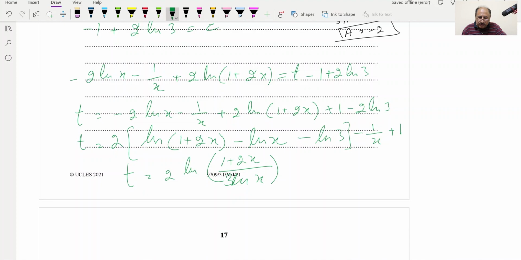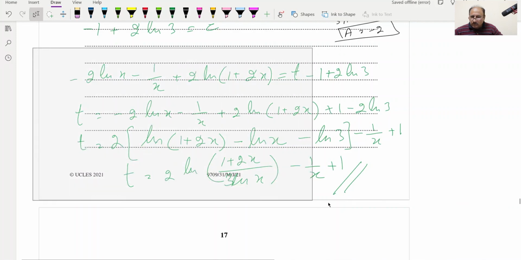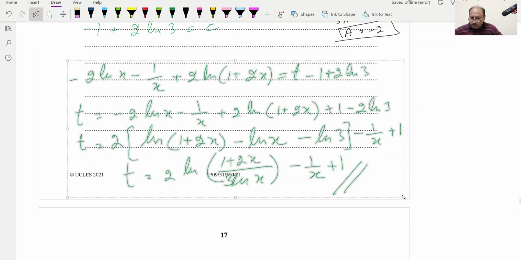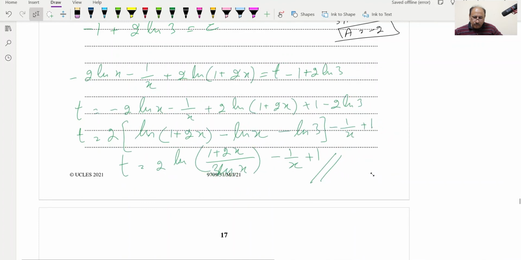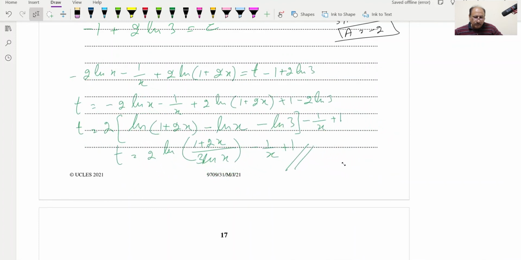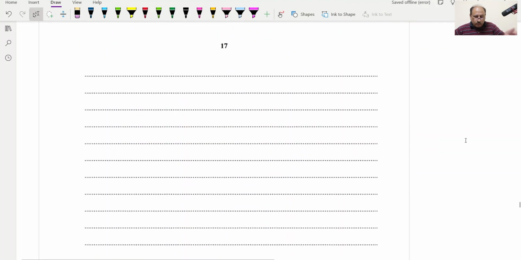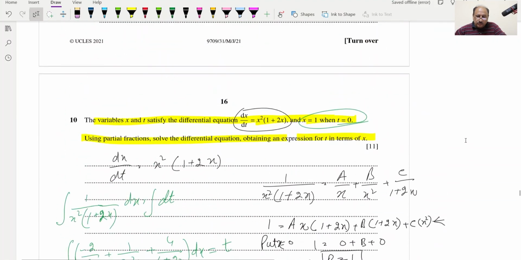So this will be resulting in 2 log of 1 plus 2x over 3x, and minus 1 over x plus 1, and this will be the final answer. Because this is overlapping with this one, I will shrink this one so that it should be readable for you to check. No, this is the final answer, and it is not mixing with this paper number. So we are done with this question.